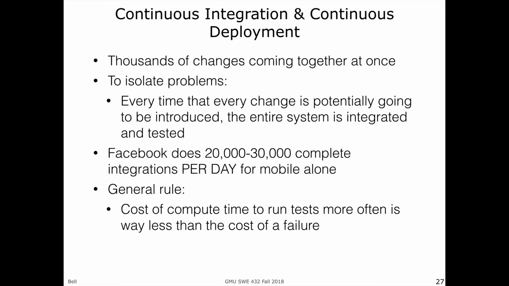So each change is independently integrated and tested with the entire system, which means that Facebook does, again, years old, 20 to 30,000 complete integrations per day just for their mobile apps. So that's taking their entire code base, adding another revision to it, and running all of the tests for it to see if it works, tens of thousands of times a day.